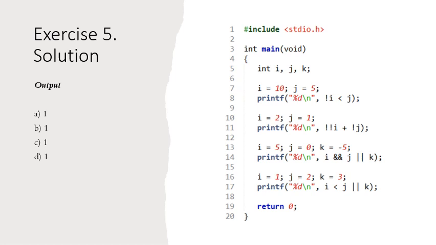So since we already have a true in the expression, that will automatically result in a 1 or a true. We don't even have to evaluate the k since we already have a true. Remember that in your or, we only need one true operand for the expression to result to true or 1.